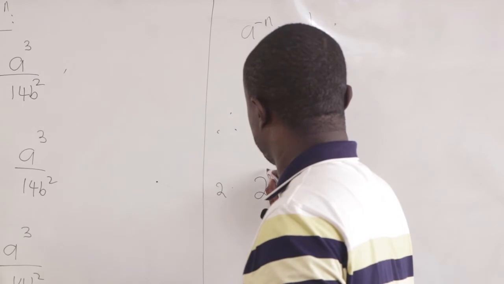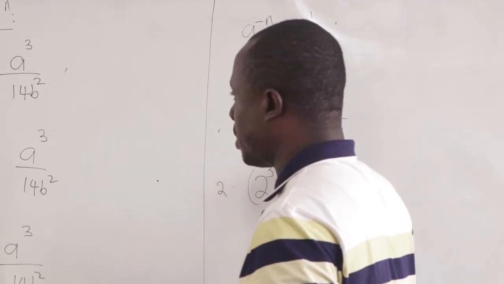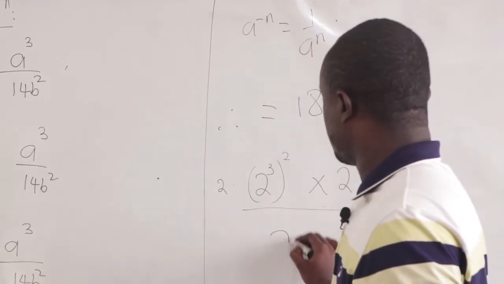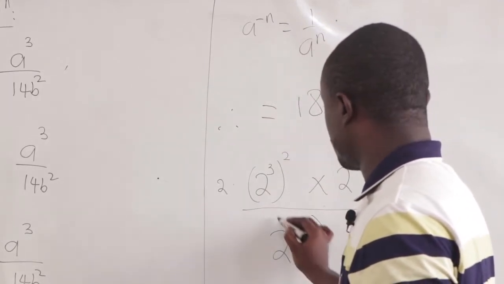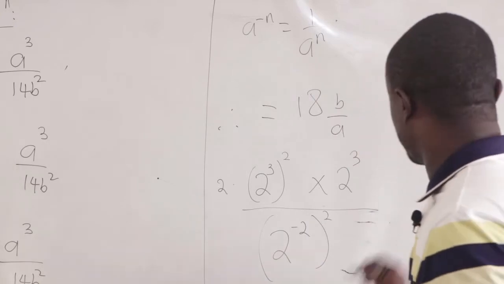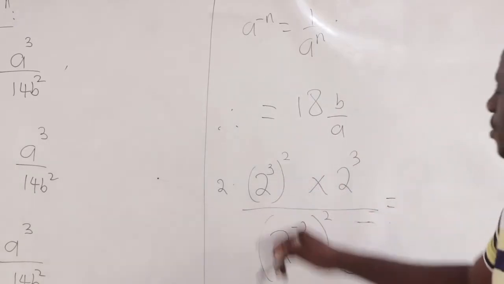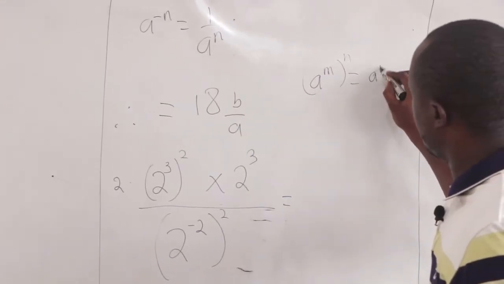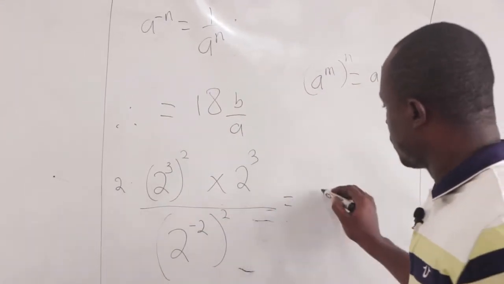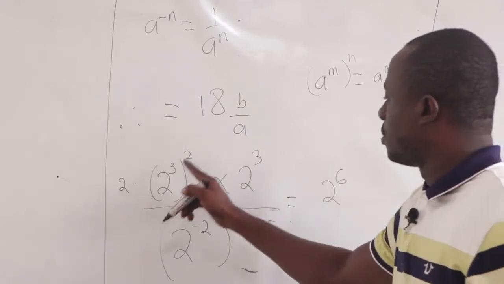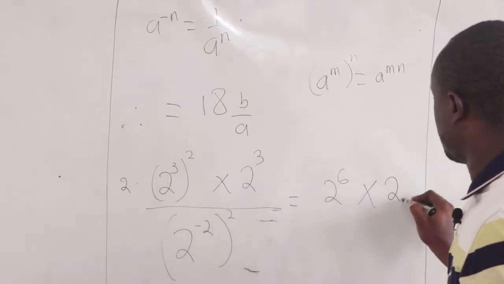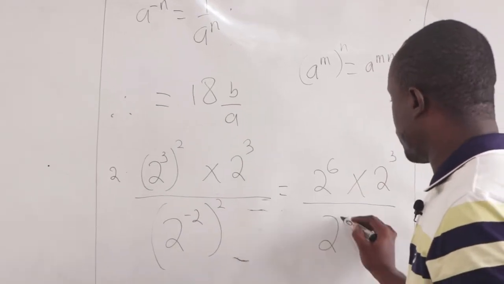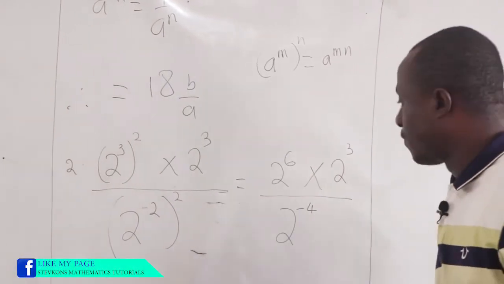We have (2³)² times 2³ all over (2^(-2))². Now with this, by applying the rule, that is (a^m)^n is a^(mn), this would be 2 to the power 6, 2 times 3, 6, times 2 to the power 3 all over 2 to the power negative 4.